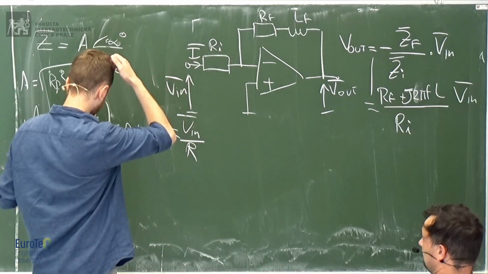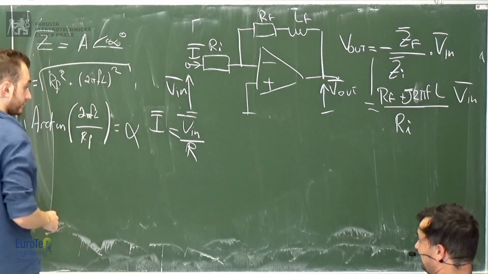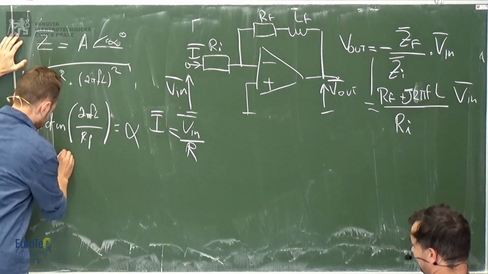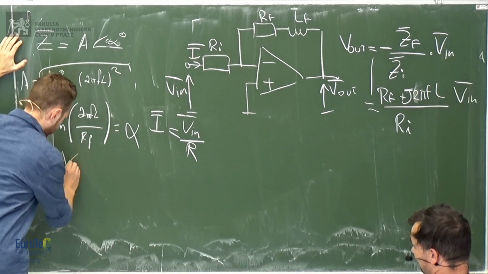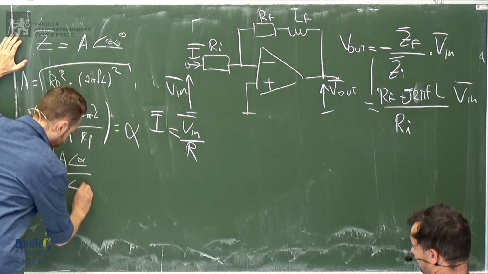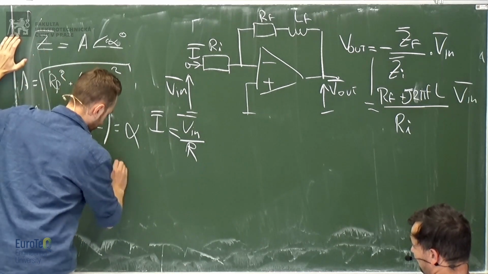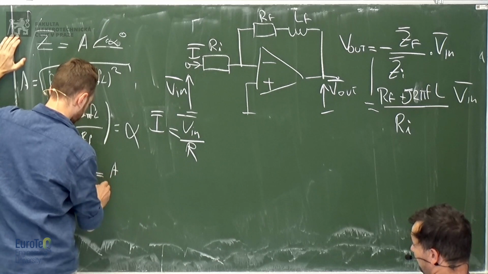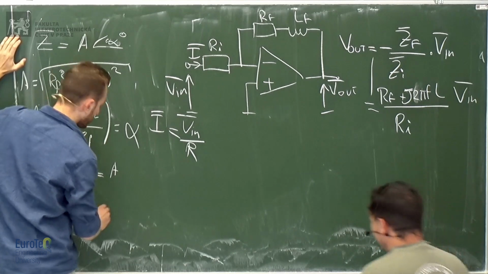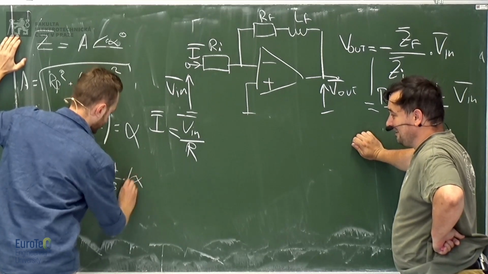Now, when we want to see a relationship, say we have A with an angle of alpha, and we divide this by B with an angle of beta. Coming out of my memory, this goes under the name of Euler's rule: A over B with an angle of alpha minus beta.